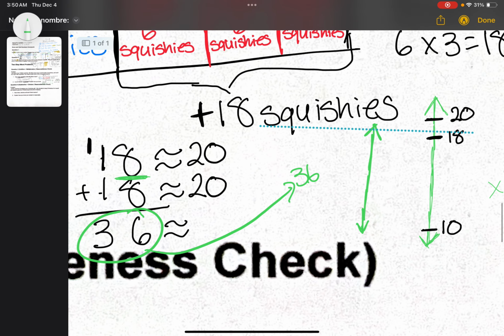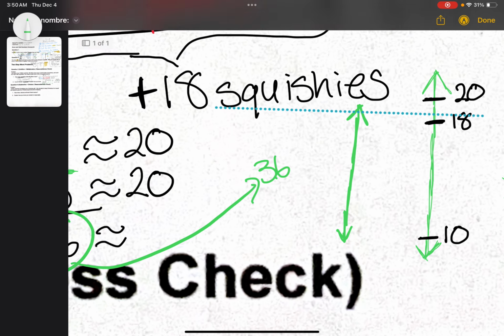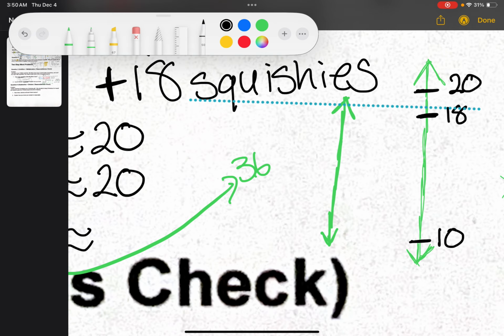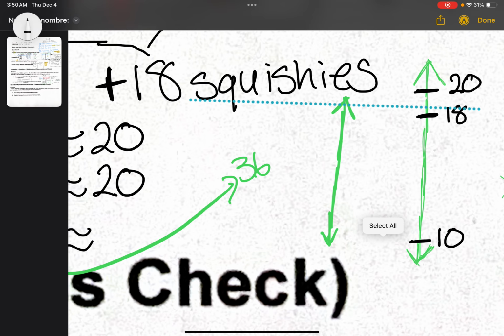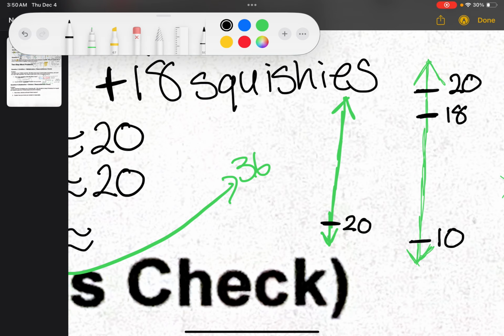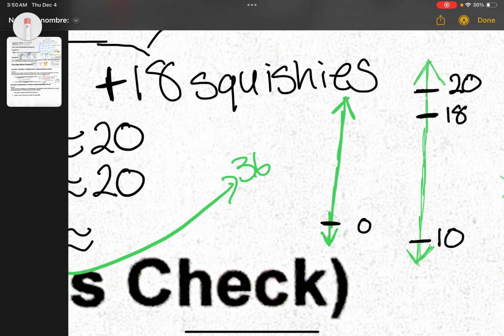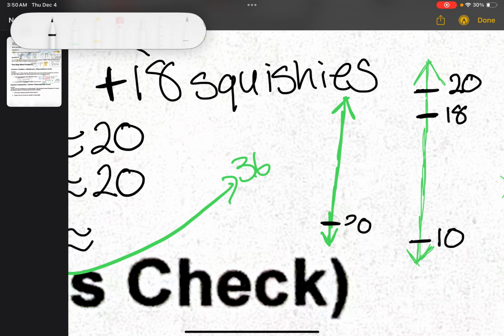And if you're still lost, like how are we rounding, what number we're rounding to, the nearest tens because our biggest place value is the tens place. So rounding to the nearest tens. Now, our lowest tens is 20 in this case. No, I'm so sorry. Our lowest tens is 30.